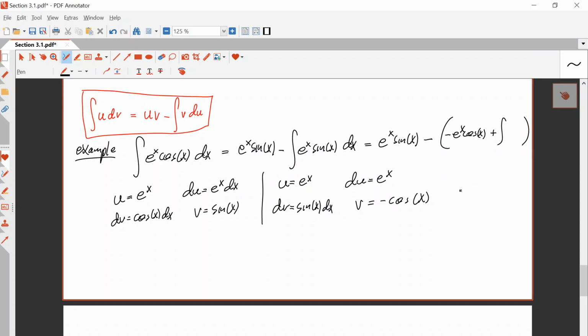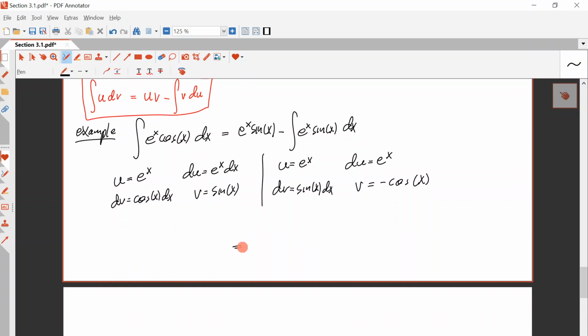Let's see, I don't quite have enough space here, do I? Let's go down here. So it says e to the x sine x minus u times v, minus cosine x, plus antiderivative e to the x cosine x.